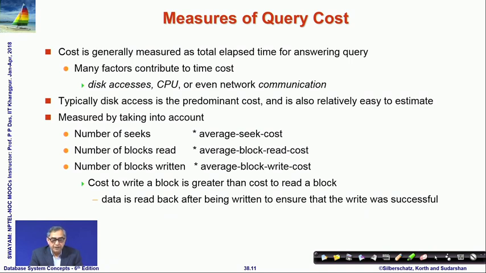So, access time of the disk will be involved, computing time in the CPU may be involved, and even some network communication may get involved. If we assume, just for simplicity, that there is no network communication cost, that is, everything is connected to a very high speed network, then between the disk access cost and the CPU processing cost, the disk access is the predominant cost, and it is relatively easy to estimate.